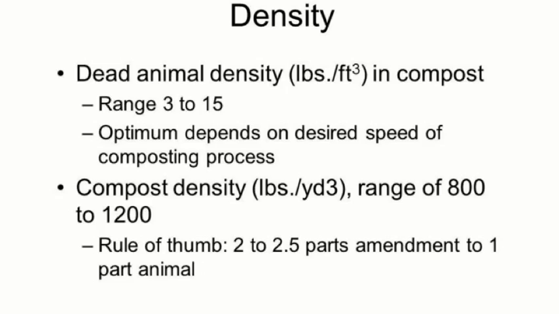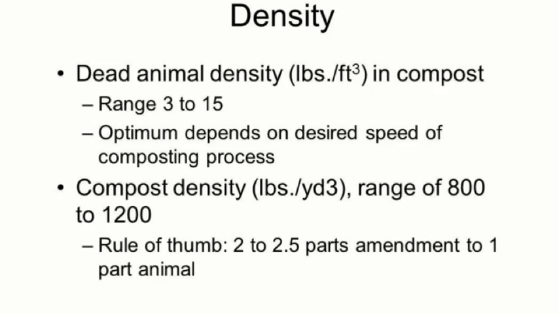And in general, we build our open static piles, our windrows, our bins, our overlapping piles to handle somewhere in the range of 3 to 15 pounds of mortality per cubic foot of compost space. And so you go back to your 10th grade high school geometry, where you learned how to calculate the volume of a triangle, a windrow that has a parabolic top or shape to it.